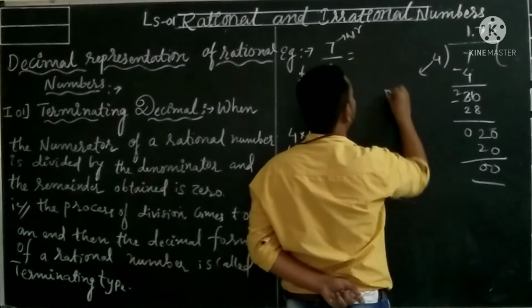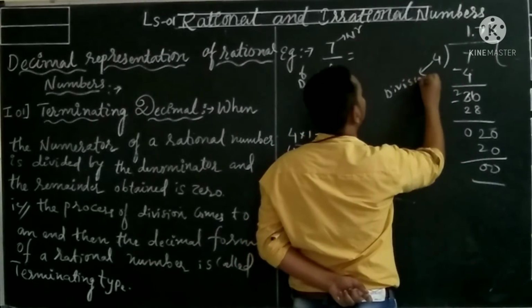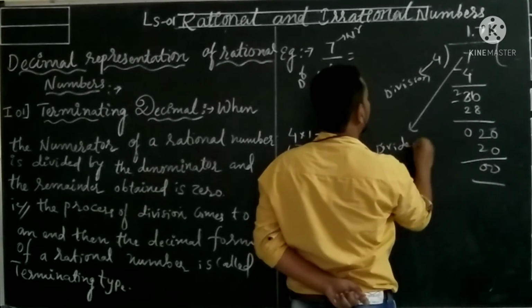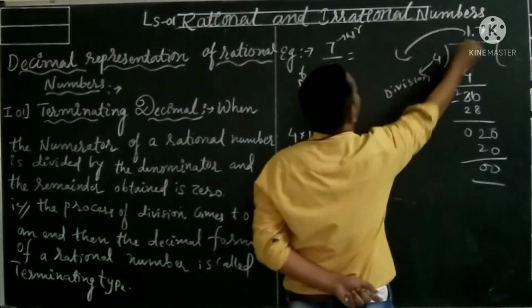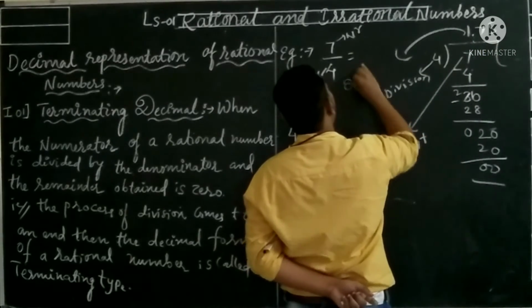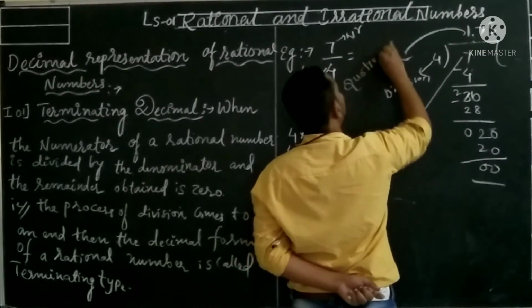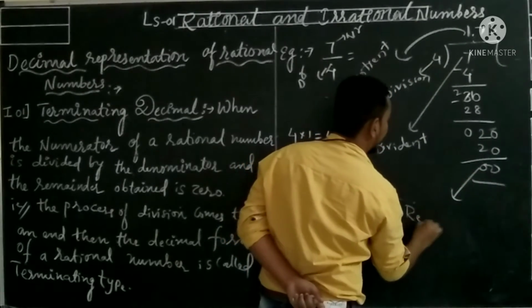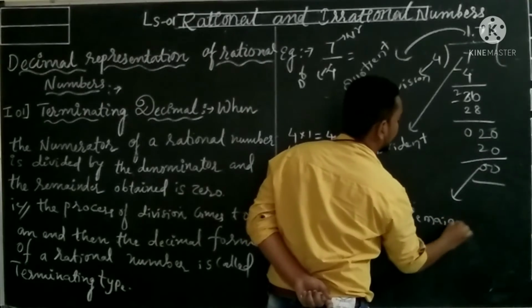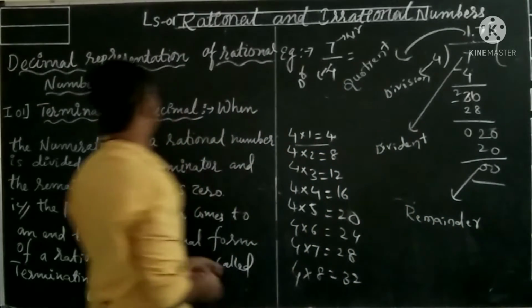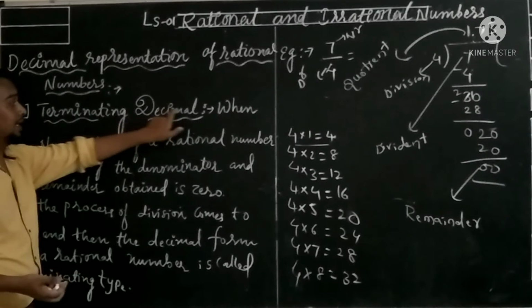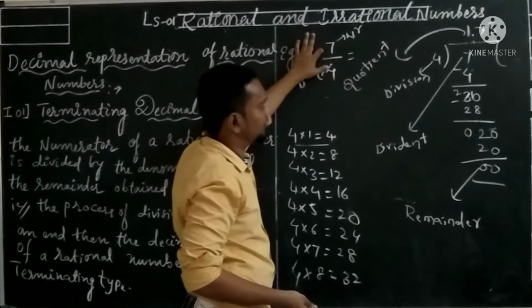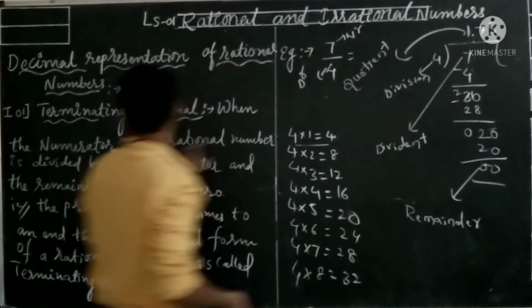This is a division, and 7 is considered the dividend, 1.75 is considered the quotient, and the last remaining part, 0, is the remainder.